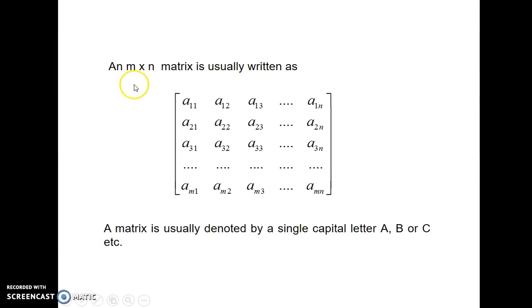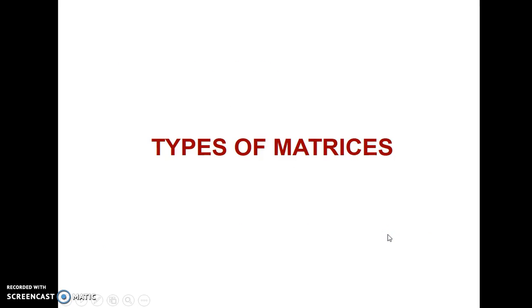In general, an m by n matrix is usually written this way: a11, a12, a13, and so on up to a1n, and likewise we write all m rows and n columns, the last element being amn. This is an m by n matrix. A matrix is usually denoted by capital letters A, B or C.